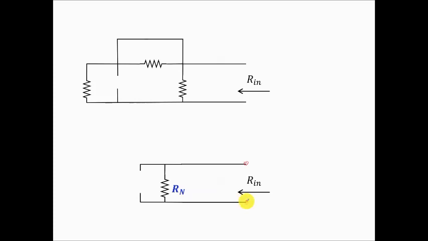For the Norton model, it's just RN, that's the only resistance there. For my more complicated circuit, I can calculate the equivalent resistance by applying what I know about series and parallel connections of resistors, or I can apply a test voltage and look at the resulting current. And we've talked about that procedure as part of Thevenin's theorem. So that will allow me to calculate this Rin, and that has to be equal to RN.